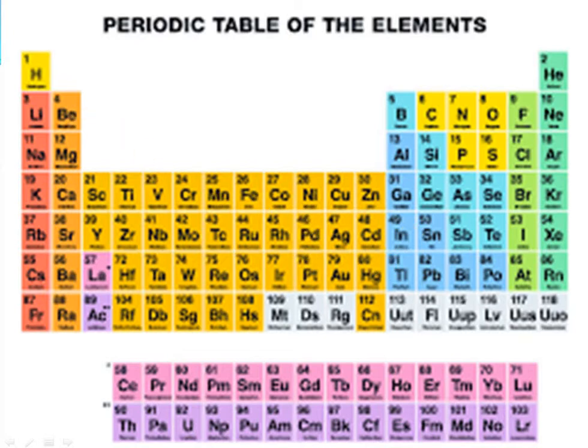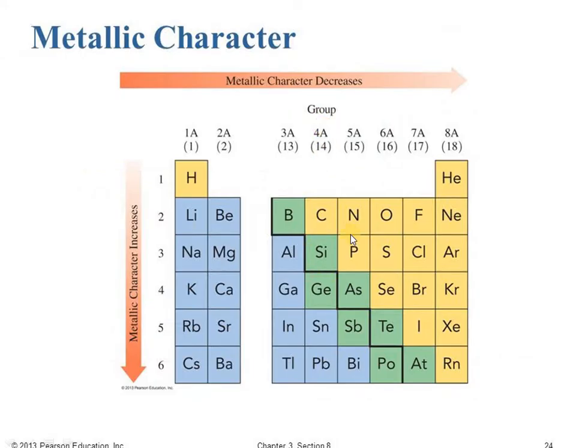So you have to focus your study on the first 20 elements. This is alkali metal, this is alkaline earth metal, and this is the carbon family, nitrogen family, oxygen family. Oxygen is also known as chalcogens. And these are halogens, halogens meaning salt forming, and these are noble gases or inert gases. We are going to discuss these elements.